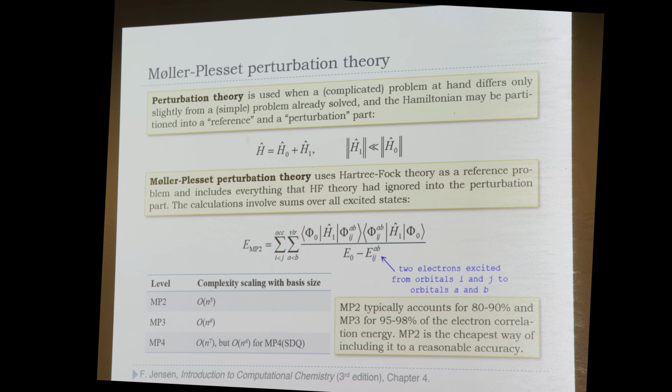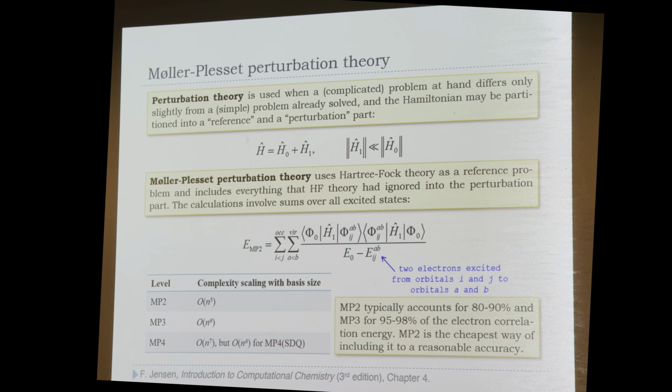It would become impossible. Higher orders are scaling even steeper, and MP4, if you do it over the entire excitation spectrum, is order n to the seventh, but you can probably restrict it for most molecules to single, double, and quadruple excitations in this sum, and then the complexity becomes order of n to the sixth.